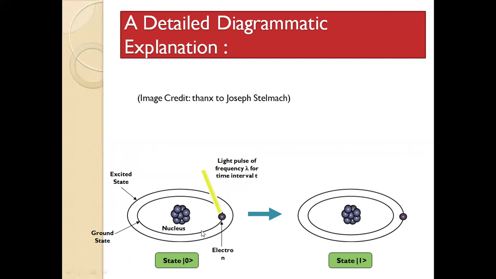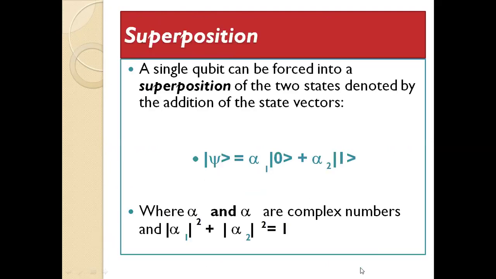From this ground state it moves to the excited state, but it doesn't jump directly. It goes through a kind of superposition. Now this is state 0 at the ground state. Now it comes to the excited state. So this is state 1. This happens because a light pulse of this frequency for interval t changes the state from state 0 to state 1.